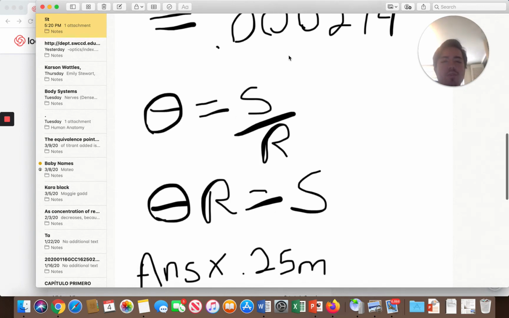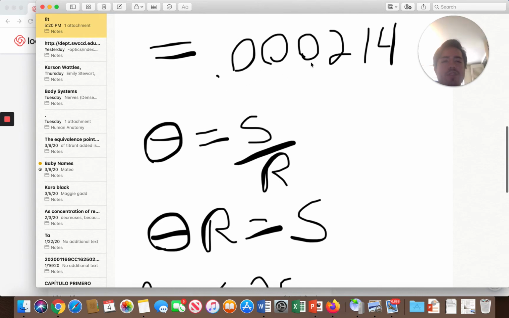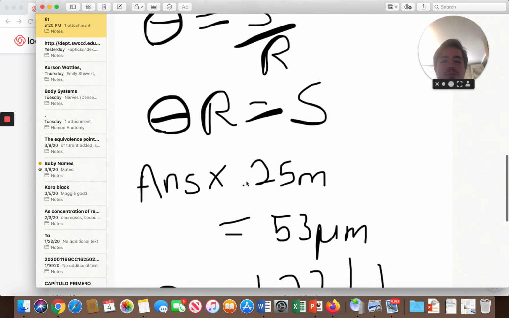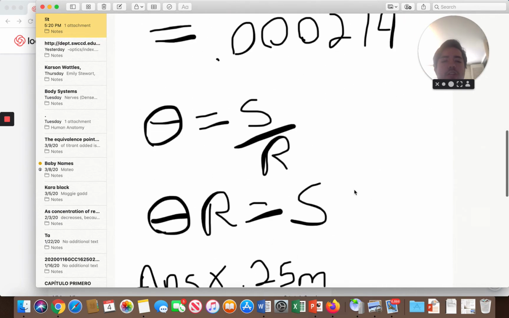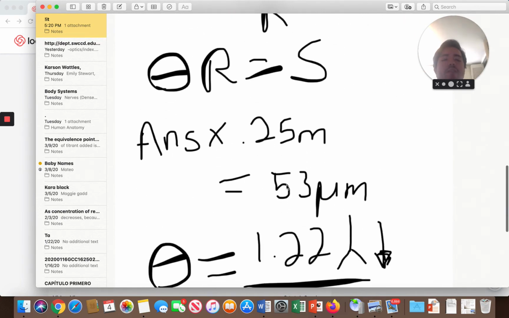So we multiply our answer of 0.000214 radians by our distance of 0.25 meters, and we get 53 micrometers. That's how close they can be and still be resolvable.